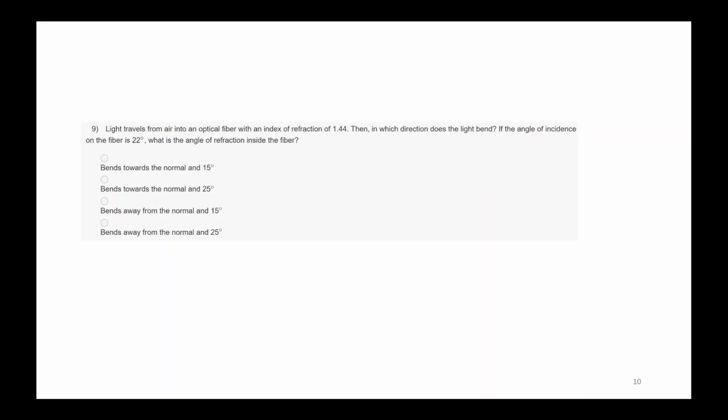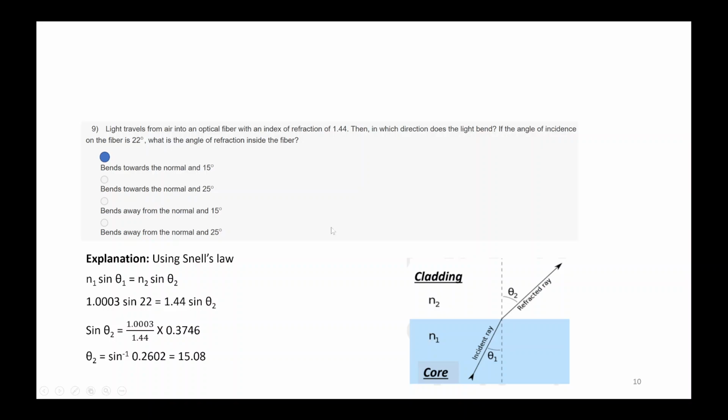So the options are: A, it bends towards the normal and 15 degree. Option B is it bends towards the normal and 25 degree, or it bends away from the normal and 15 degree, or it bends away from the normal and 25 degree. So answer is A, and here it is solved.